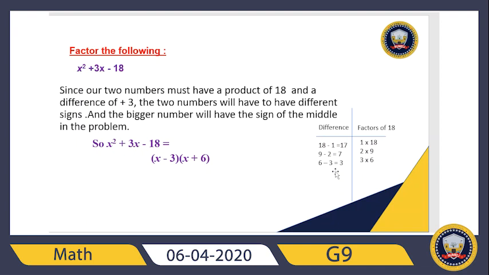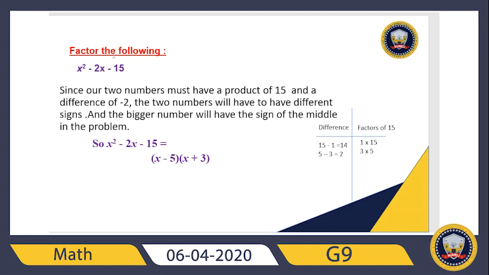The bigger of these two numbers will take the sign of the middle term, the sign beside the number beside the x. So will 6 take positive or negative? It will take the positive sign, and the 3 will take the other sign. Is it clear? Can we go for another example to make it clearer?